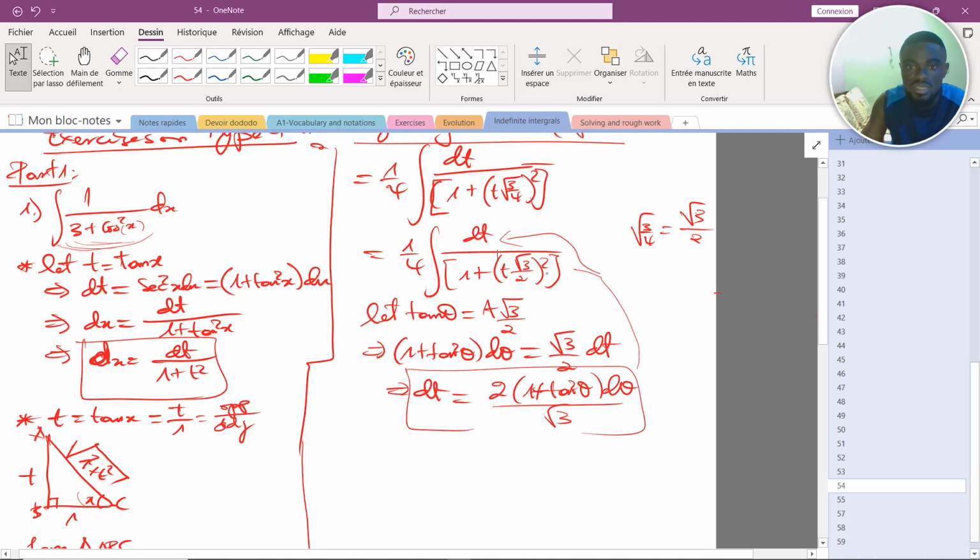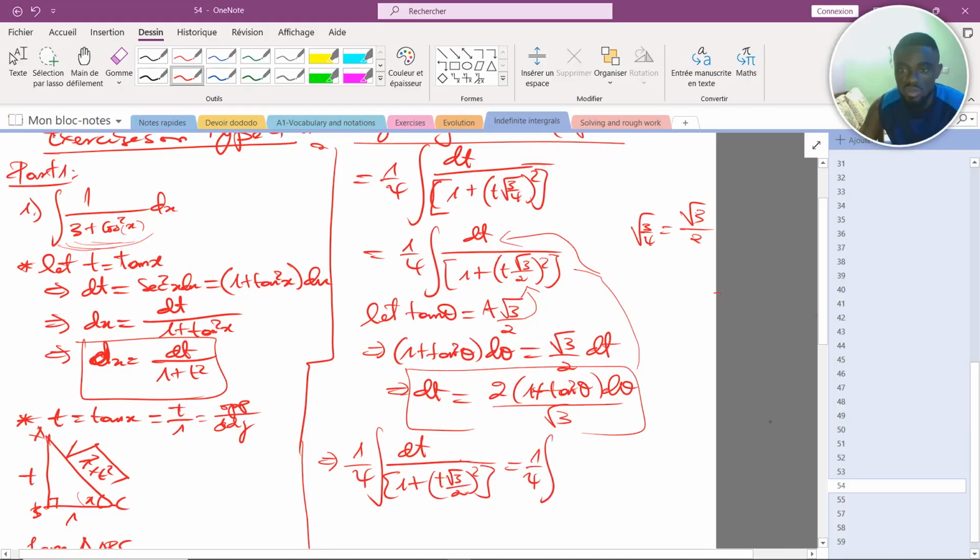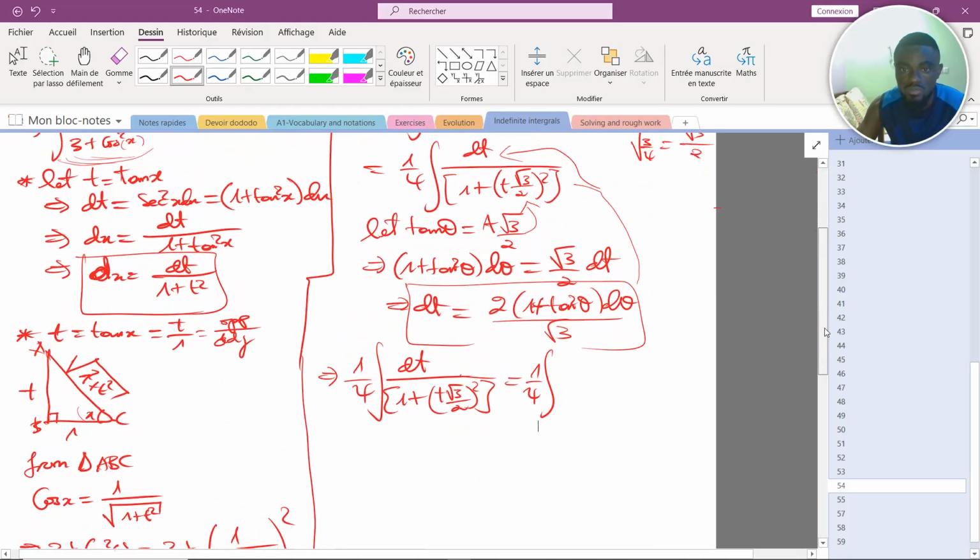So now I will substitute this dt here, and I substitute this tan theta inside here. So it implies 1 on 4, I copy back this, 1 on 4 integral of dt all over 1 plus t root 3 on 2, all that square, will be equal to what? I substitute 1 on 4 integral of what?